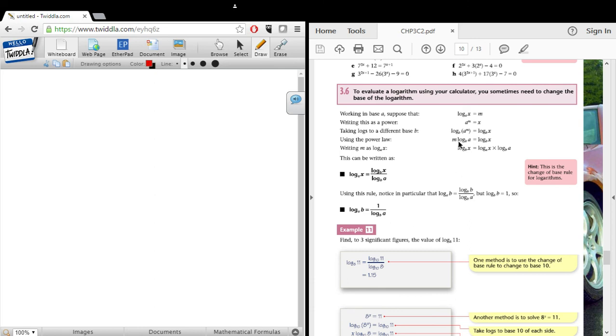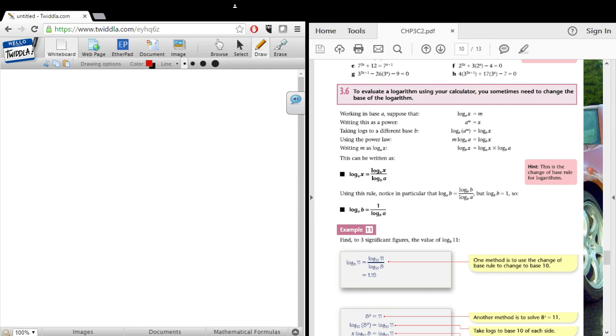Here you have the power law being used, and essentially all they've done on this particular side is, if you look carefully, they've changed m for log subscript a of x, and so you have this. Then essentially they've just divided next to end up with this particular formula.